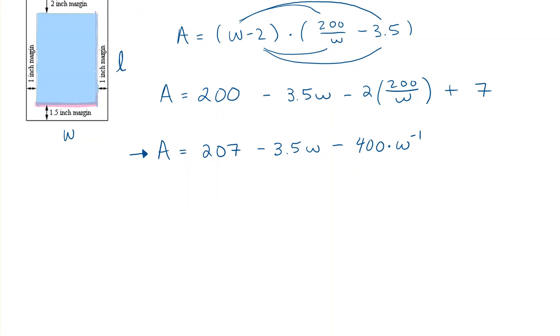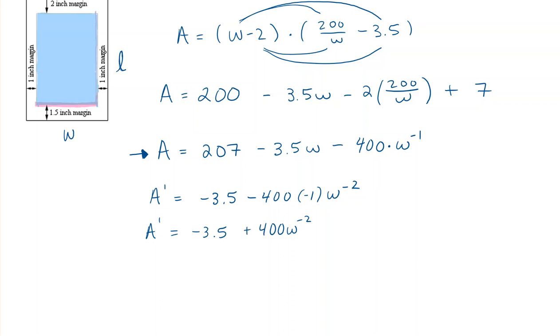Now if we take the derivative, we can look to find any critical points, and then identify those as local max, mins, or neither. Taking the derivative, we would get A prime is 3.5 minus 400 times -1 w to the -2. We could simplify that.